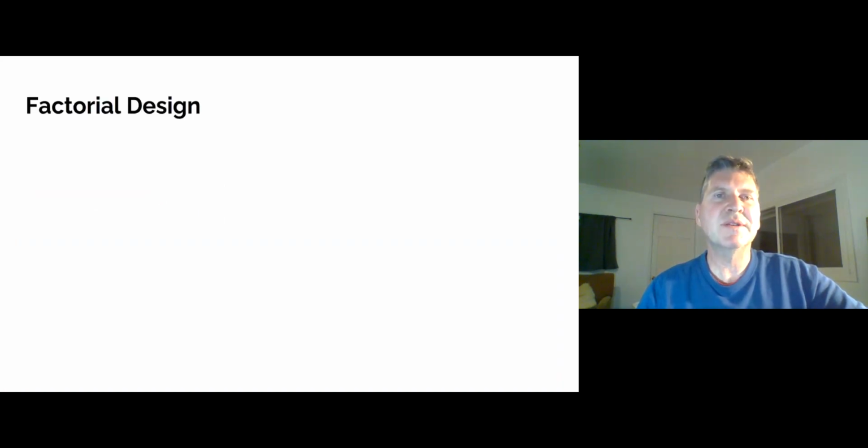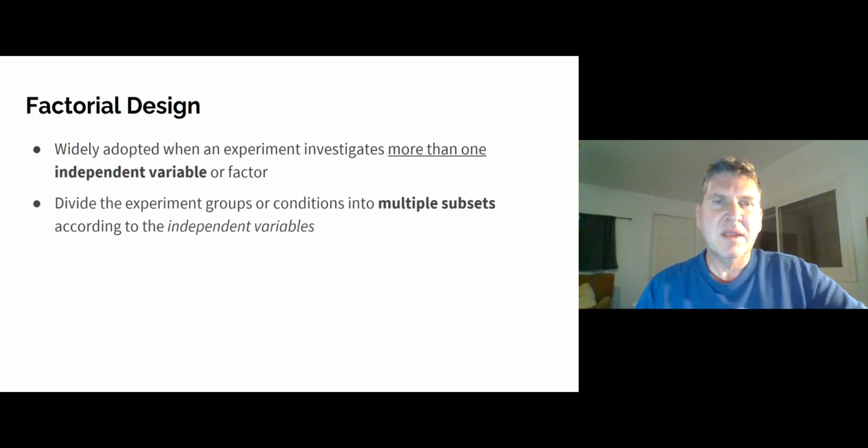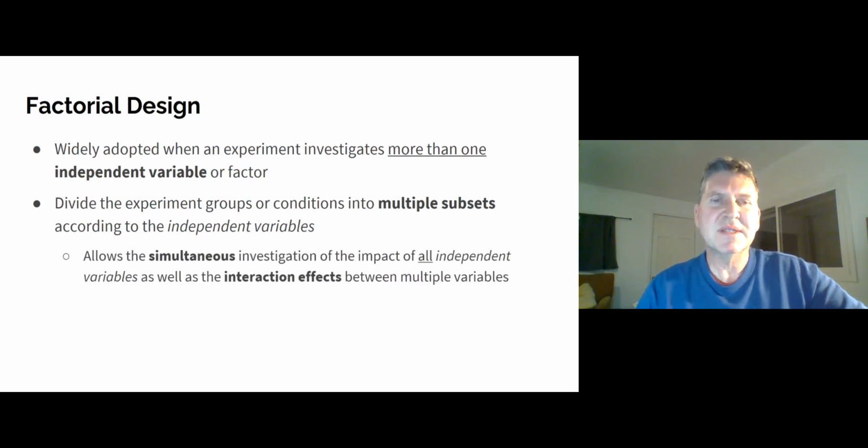With the factorial design, it's widely adopted that when an experiment investigates more than one independent variable or factor, the experiment groups or conditions are divided into multiple subsets according to their independent variables. This allows us to investigate the impact of all independent variables as well as their interaction effects between multiple variables. We'll see some examples later on.